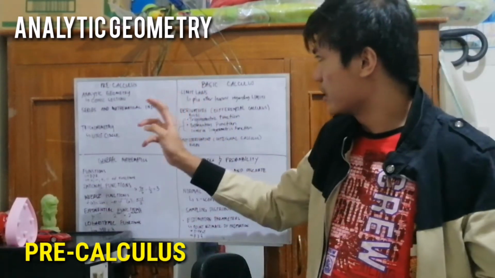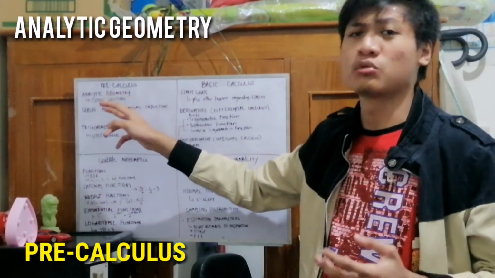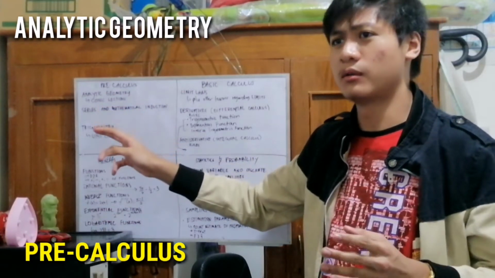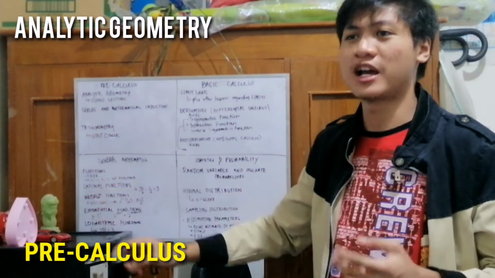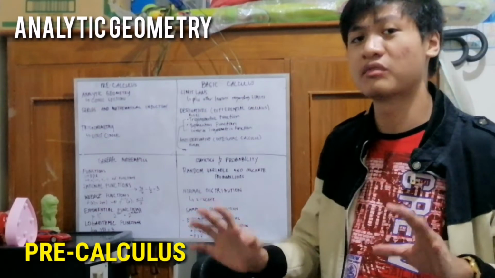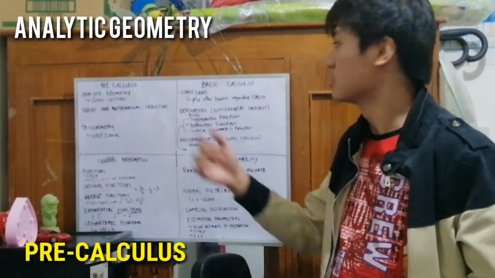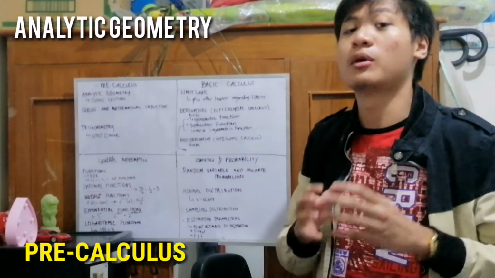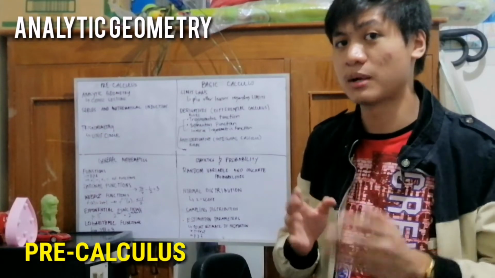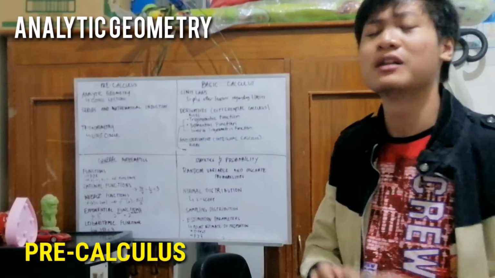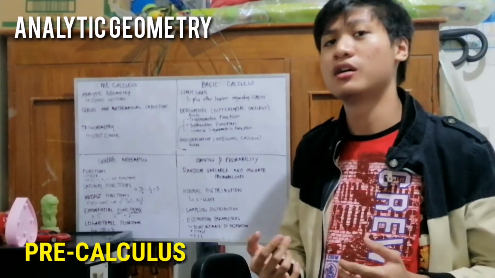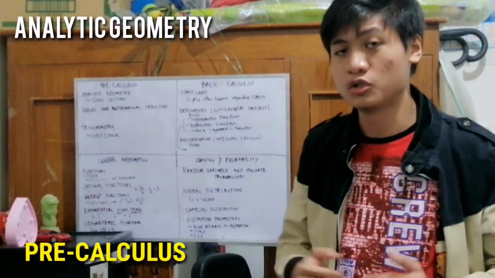Now, in conic sections, the analysis regarding these conic sections would not actually ask you to solve. There's no solving in the analysis of conic sections. But if we would tackle each conic section, the circle, ellipse, parabola, and hyperbola, that would use solving.